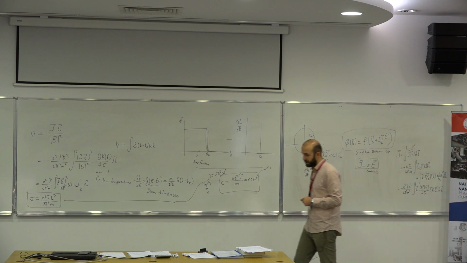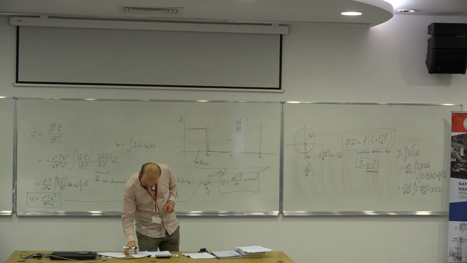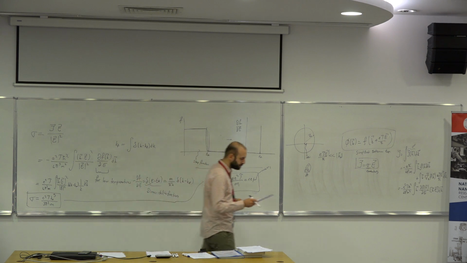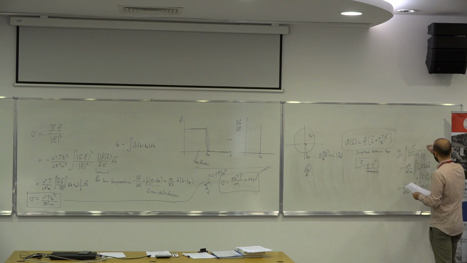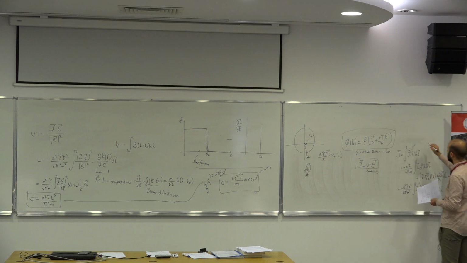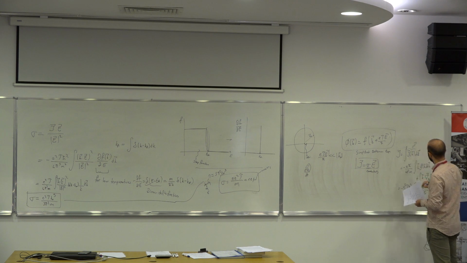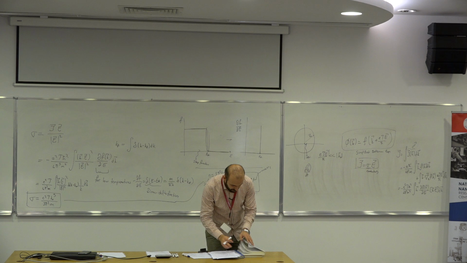I think I skipped that part, but you can write j as... I haven't written it down, but let me see. Let me check the book because I don't want to make a mistake.